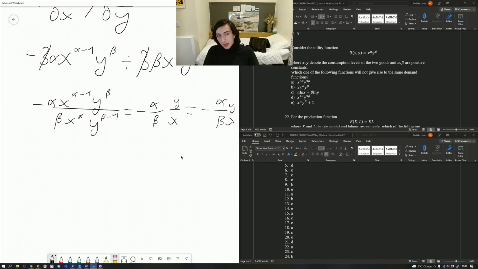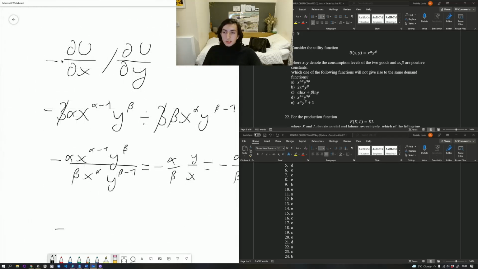Now, if we do this for the others, you'll see a similar thing. Finding the MRS of this function is basically the partial derivative of u with respect to x over the partial derivative of u with respect to y, with a minus sign. The formula up here will tell you that.